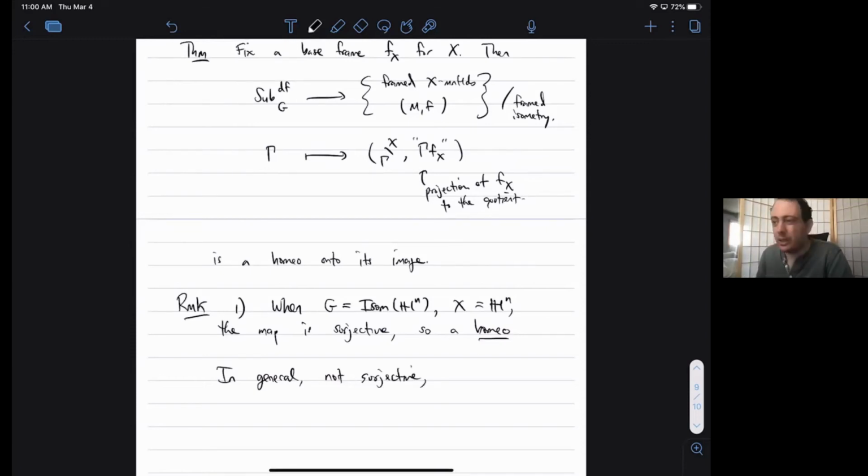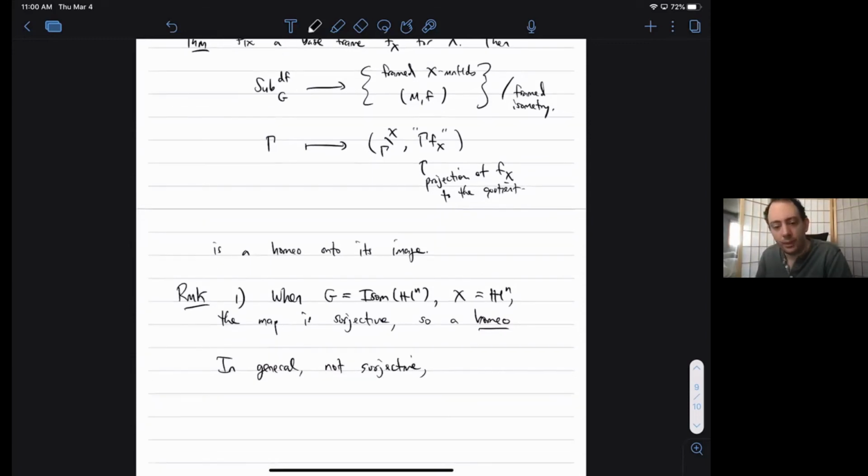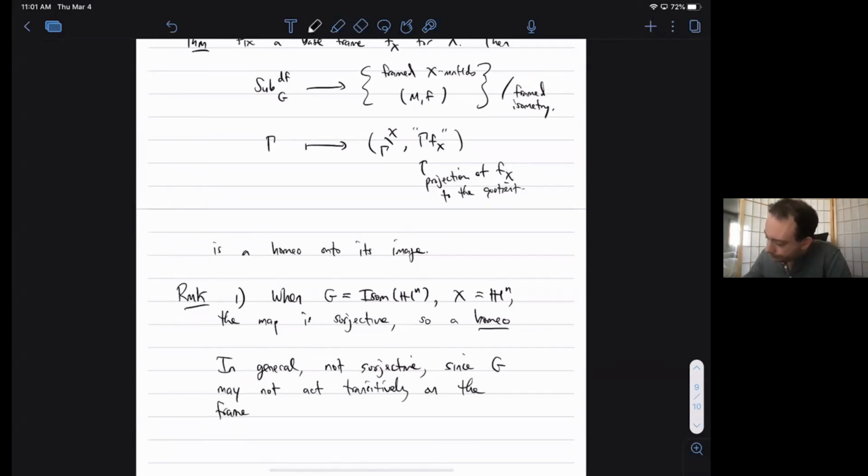The point is basically that G may not act transitively on the frame bundle of X. You can look at the frame bundle of X, which is all the different frames that you can put at different points of X, and G in general doesn't act transitively on that.